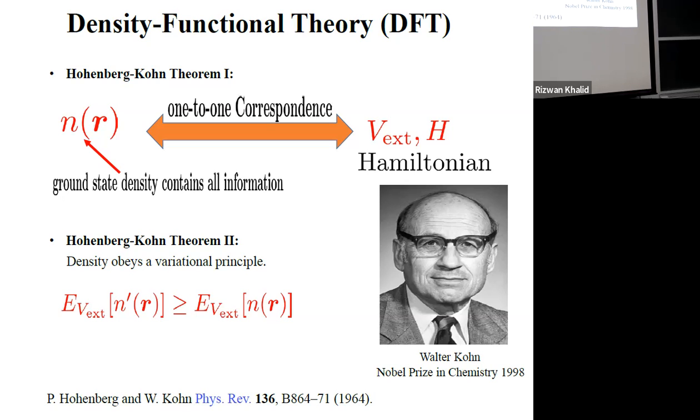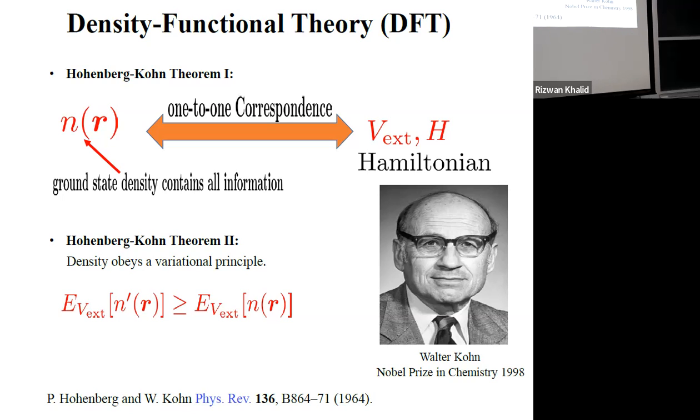If you calculate the energy using some density and then minimize the energy with respect to density, of course, a legitimate density, the minimum of energy would correspond to the ground state energy, and the corresponding density would be the ground state density.